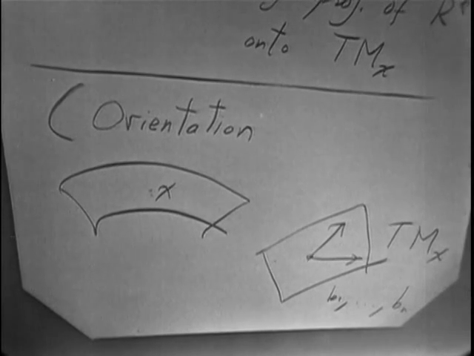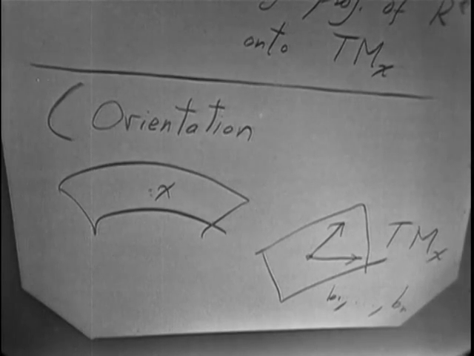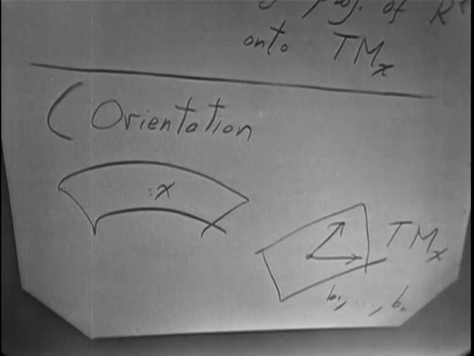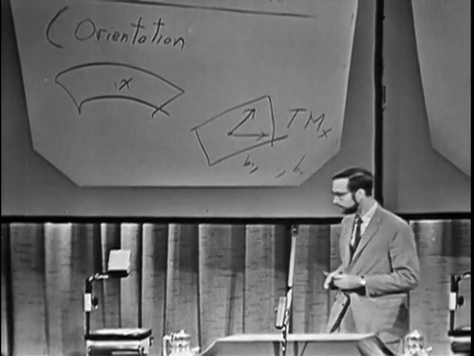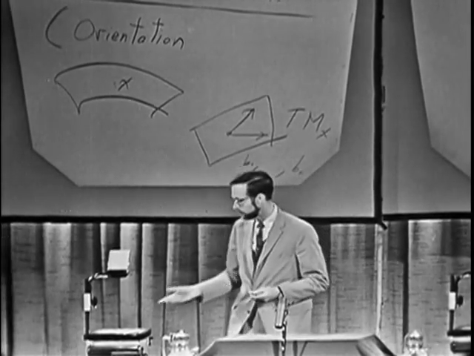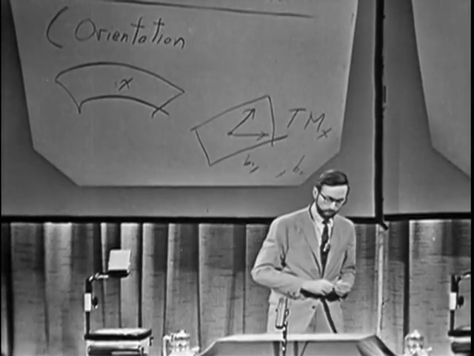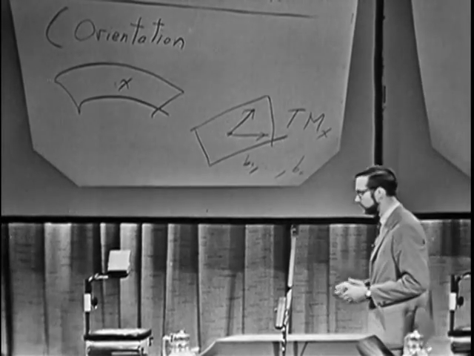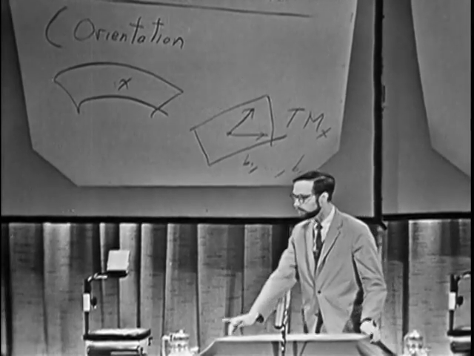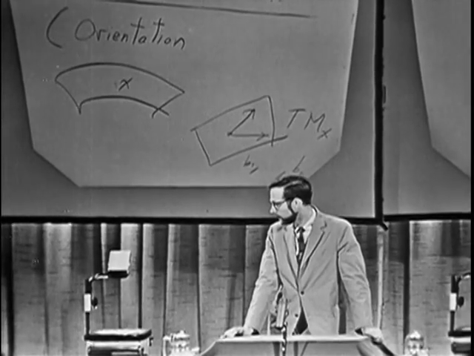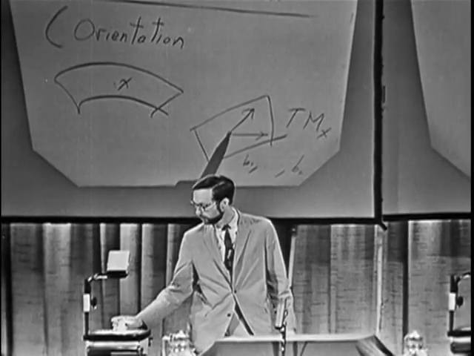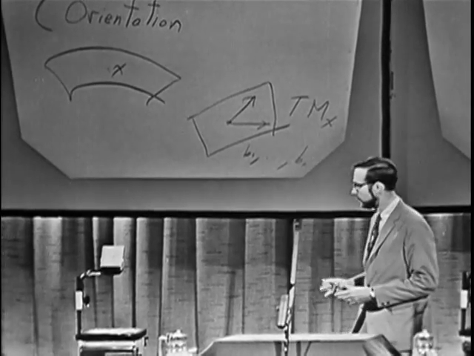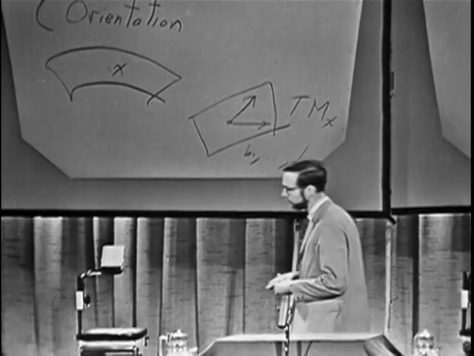And 2 bases for a vector space are said to define the same orientation if, when you express one basis in terms of the other, you get an n by n matrix with positive determinant. Another way of expressing it is if one can deform one basis continually into the other without ever introducing singularities, without ever introducing any linear relations between the basis vectors. So each vector space has precisely 2 orientations. Choose any ordered basis, it gives one orientation, and if we change the sign of one of the basis vectors, it reverses the orientation.